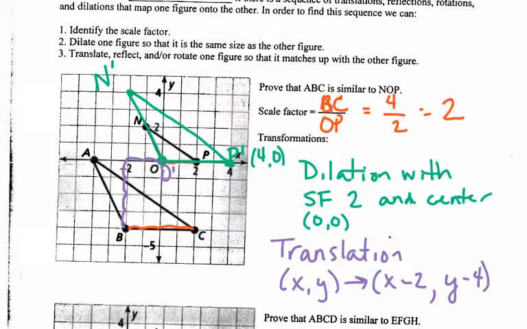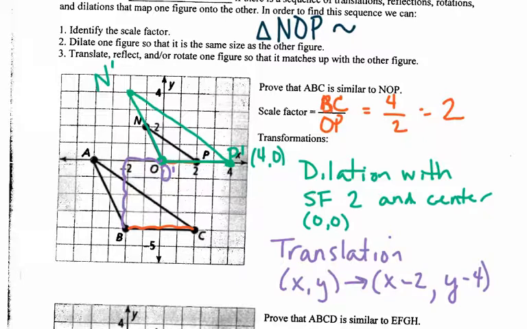Since I was able to use a dilation and a translation, that is enough to prove that triangle NOP is similar to triangle ABC. The way we write that is triangle NOP is similar to, which is just the squiggle part.